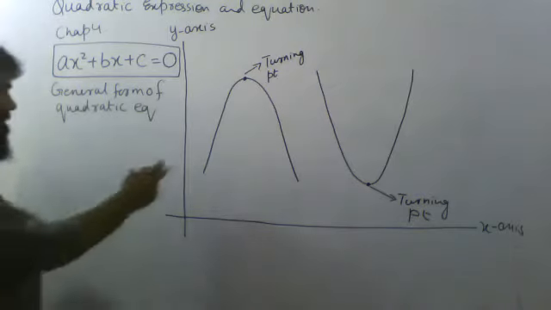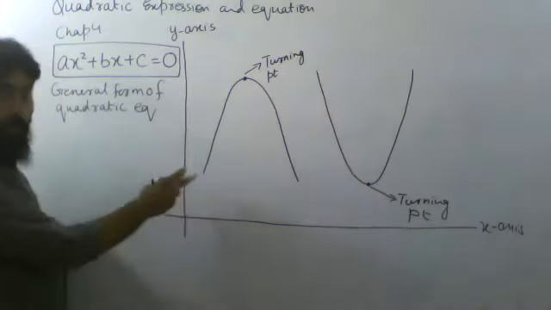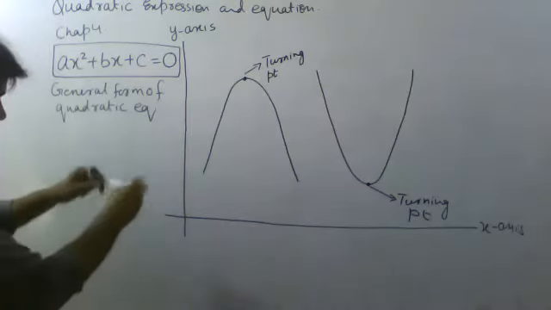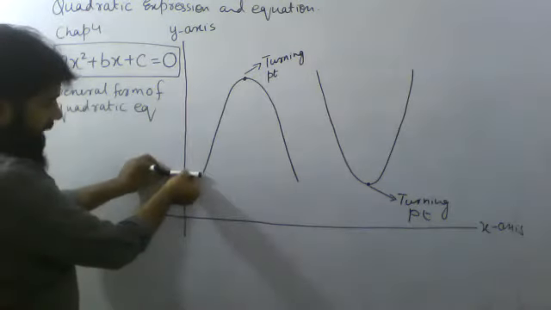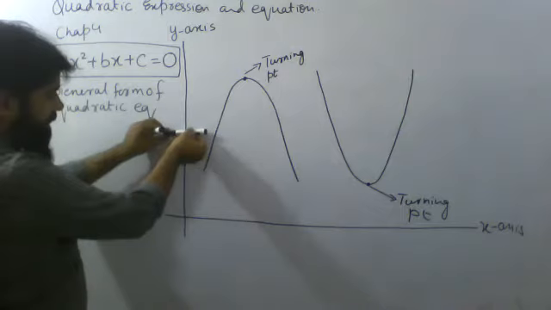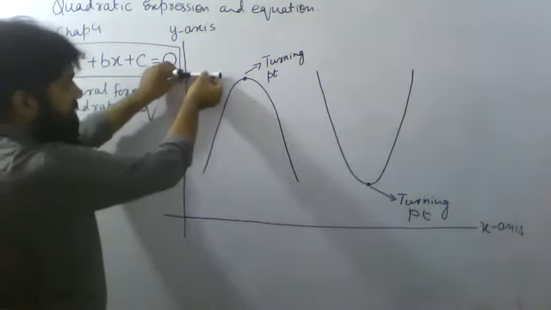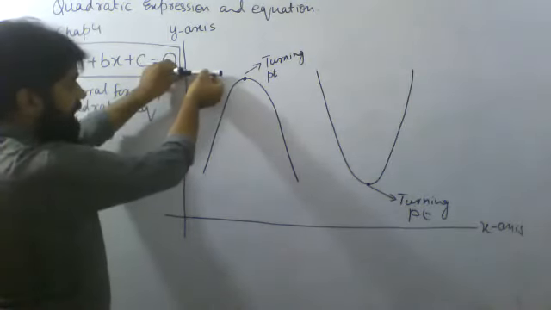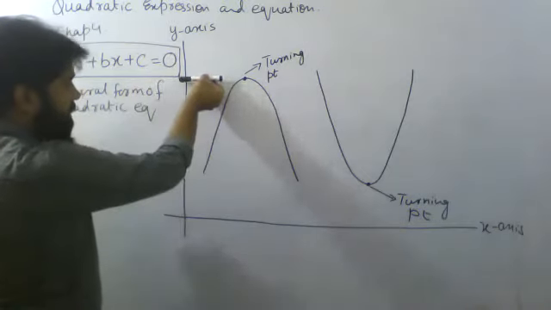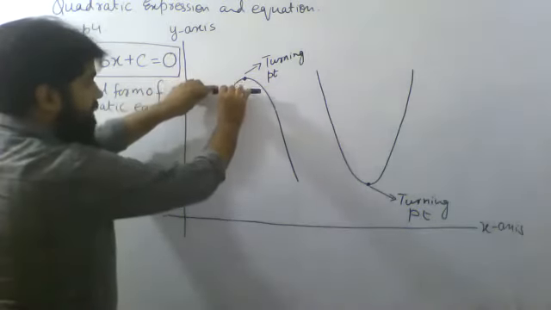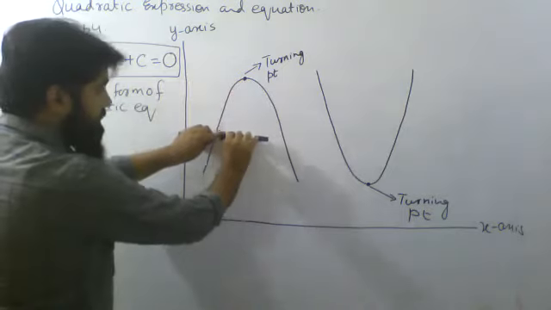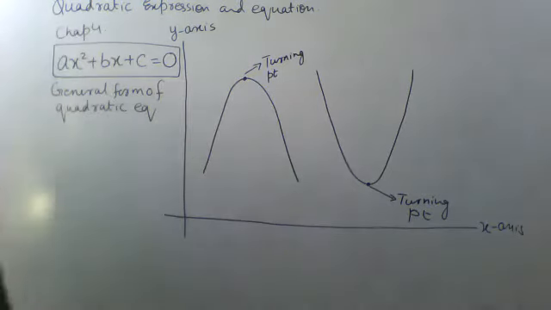So see, if I compare this one, what is happening over here, beta? The value of y is increasing, increasing, increasing. And after the turning point, the value of y is decreasing, decreasing, decreasing till this point.